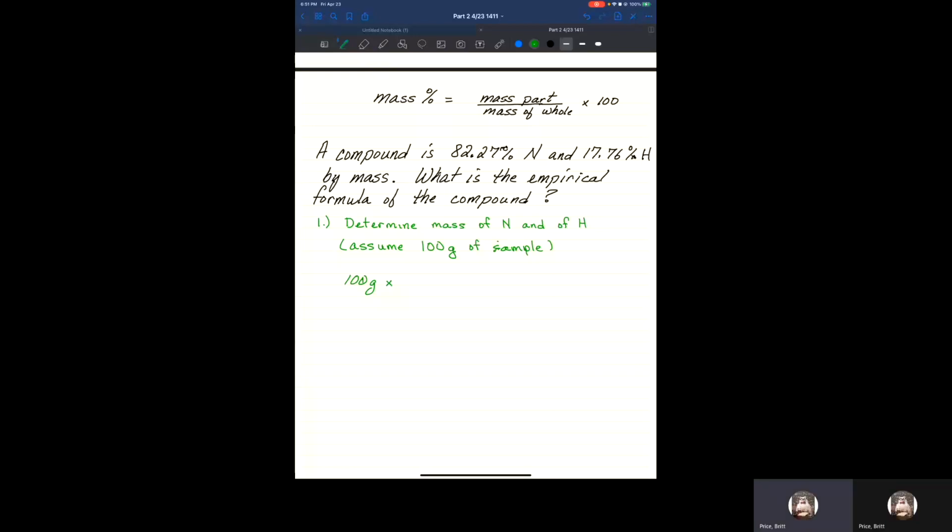So if I have 100 grams of sample, then you would have 82.27 grams of that 100 is nitrogen, and 17.76 grams is hydrogen.